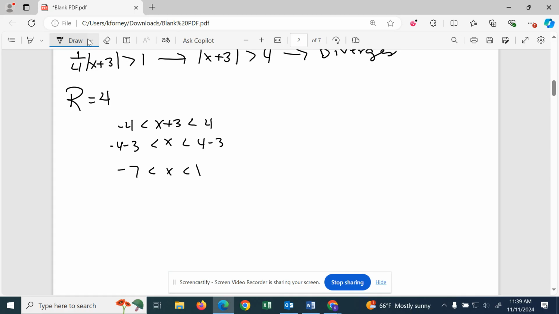I'm going to change the color. Let's check when x equals -7. We substitute it back into the series. That was the sum from n equals 1 to infinity of -1 to the n times n times (-7 plus 3) to the n, divided by 4 to the n.